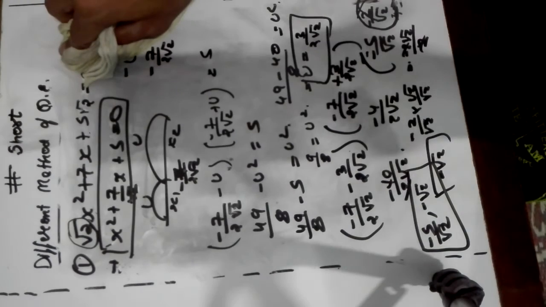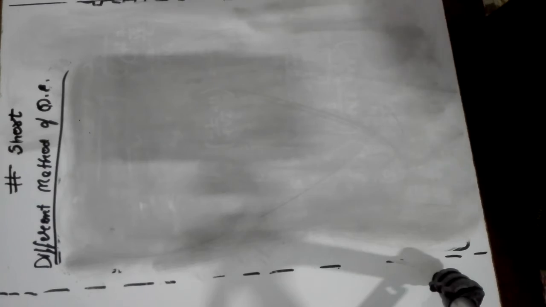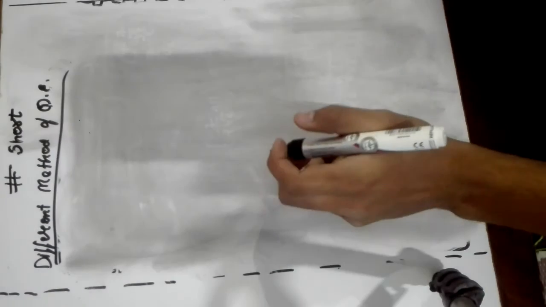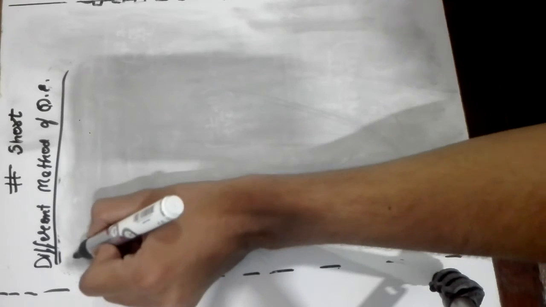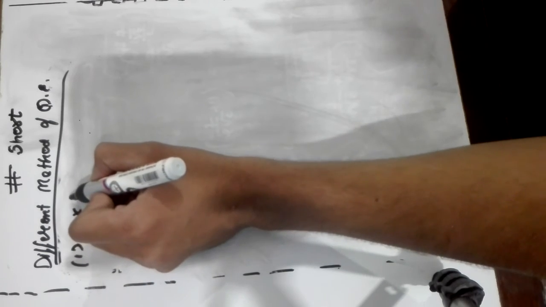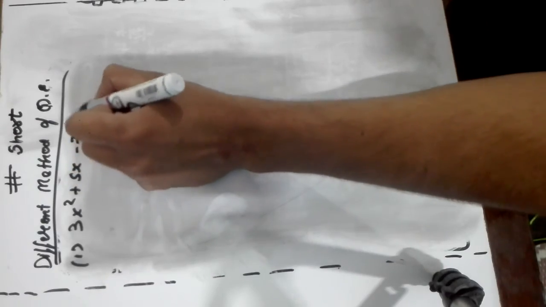So let's just take another example. Let's take a simple example where you have to find a discriminant, and for this, suppose we take 3x square plus 5x minus 7 equals to 0.